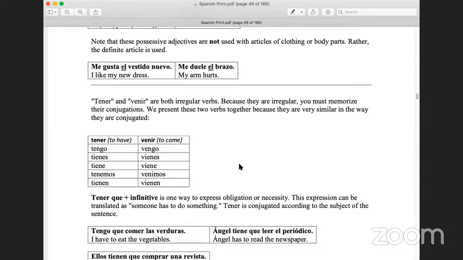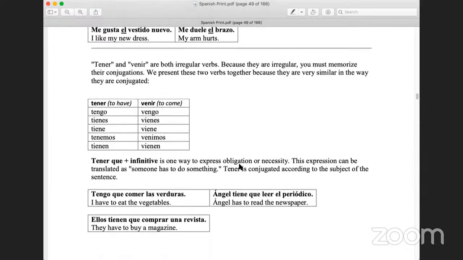Okay, so I like the dress new. I guess that would be like the literal translation. Me duele el brazo. My arm hurts. So it says, possessive adjectives are not used with articles of clothing or body parts. Rather, the definite article is used. Okay, so that's another rule.